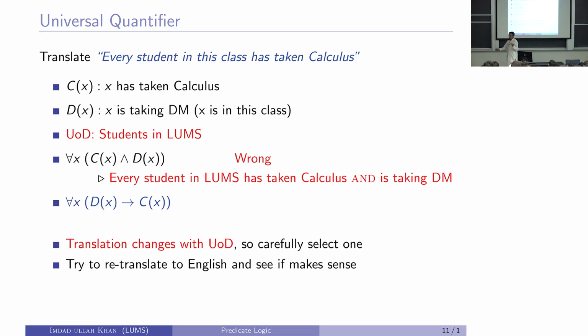The world goes upside down when you change the universe of discourse, right? This was the same statement, same policy, true statement, but if the universe of discourse was students in this class, one translation was good enough, right? In this case, when you change the universe of discourse, the statement description changes altogether, right? And then we have to be very, very careful.